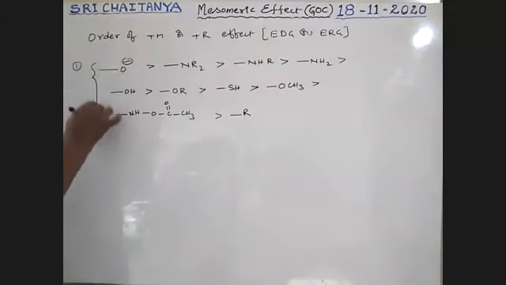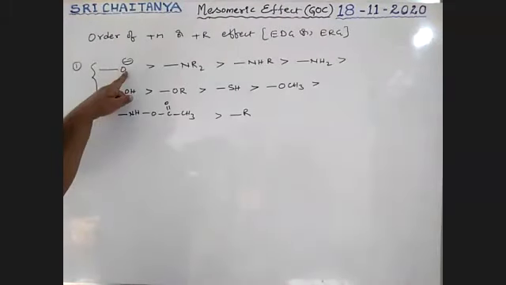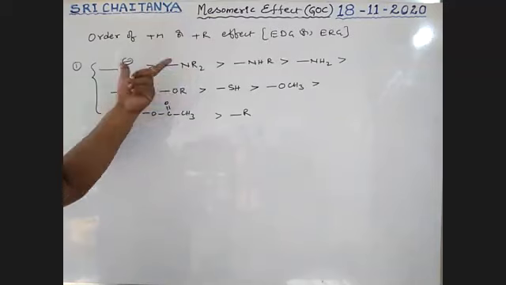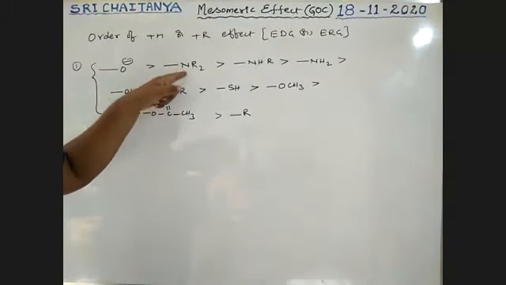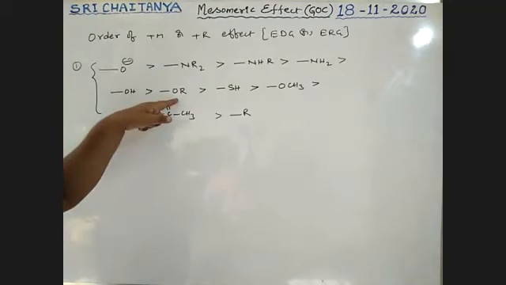It is the first sequence, boys. So that means here plus M effect is more than that of this one. If these two are there, this one has more plus M, this one has less plus M.